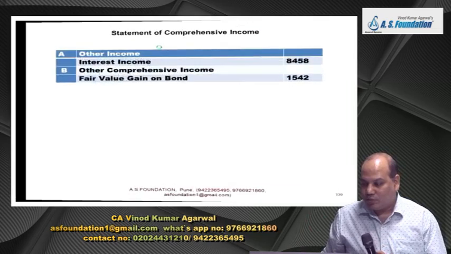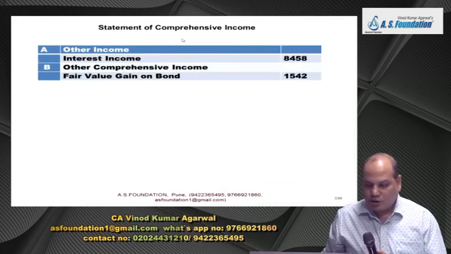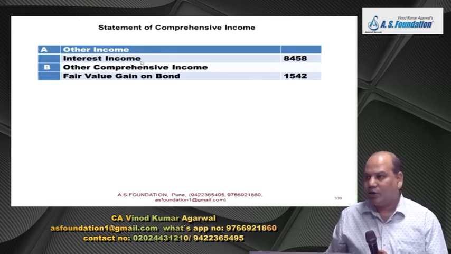Now you write down the presentation in the statement of comprehensive income. In the first part, that is the P&L account part, in other income, interest income will appear.